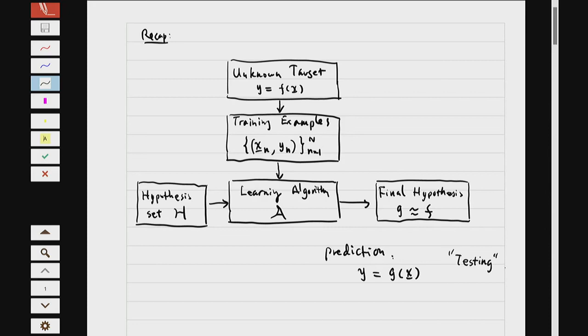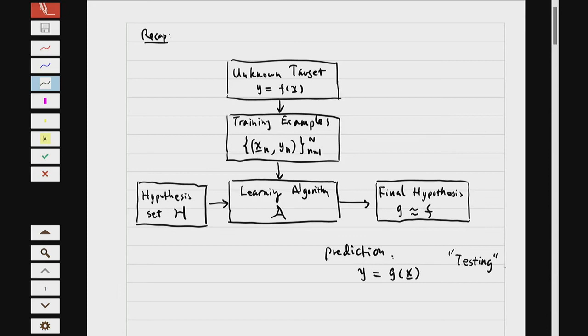You cannot just tell the algorithm, well, any function. That's way too complicated. So what we do is give it a set of candidate functions called the hypothesis set, h1, h2, and so on. Among this set of hypothesis functions, the learning algorithm is supposed to pick one, hopefully the best one, and this best hypothesis should be close to the unknown target function f.